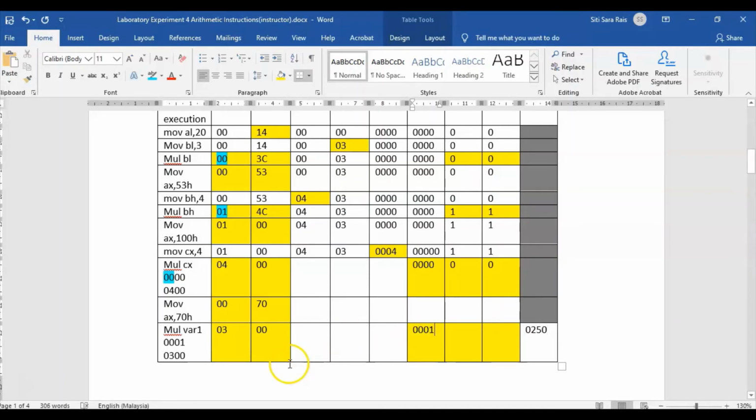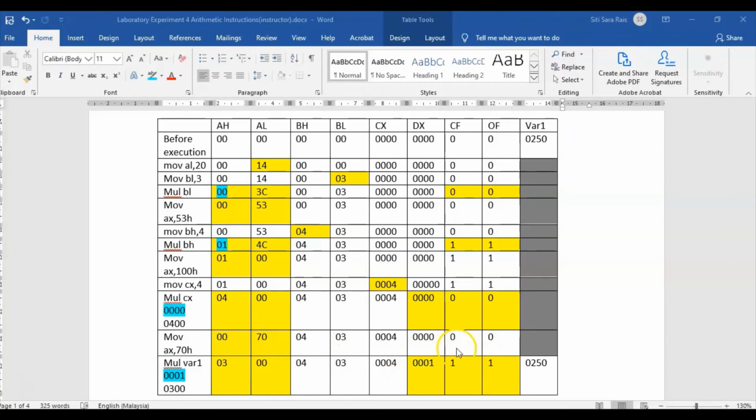Sorry class, for the previous video, to determine CF and OF for the instruction that involves 32-bit multiplication, DX and AX are the result, so we have to refer to the highest, and the highest must be DX.